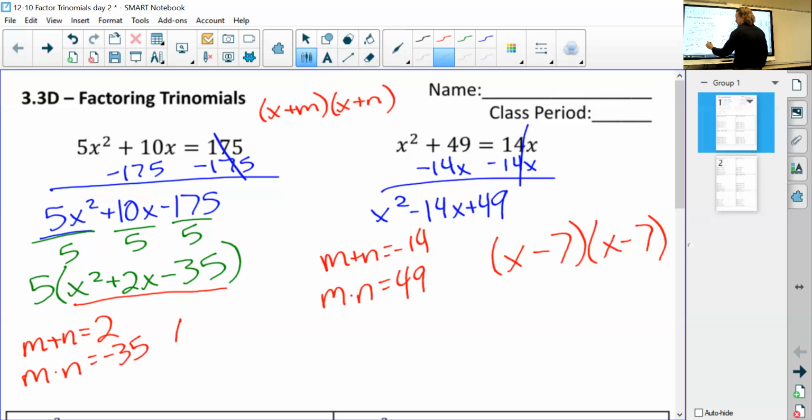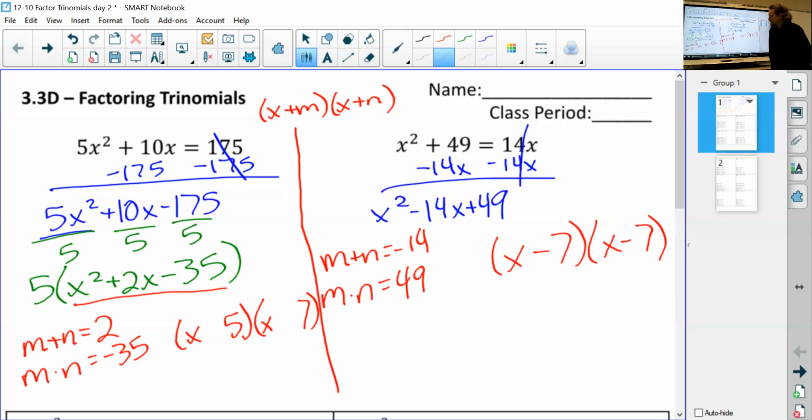So let's say I put x and 5, x and 7, and we'll put a line up here to separate these two so we know they're different. Then I just think about my signs. I know my product is negative, so I have to have different signs, one positive, one negative. And I know my sum is positive, which means my larger factor should be the positive, which would make the 5 my negative.